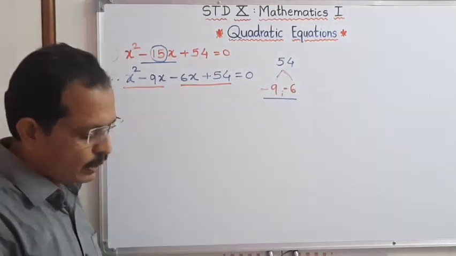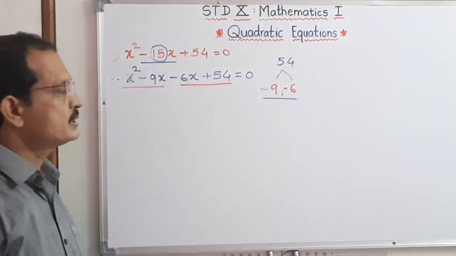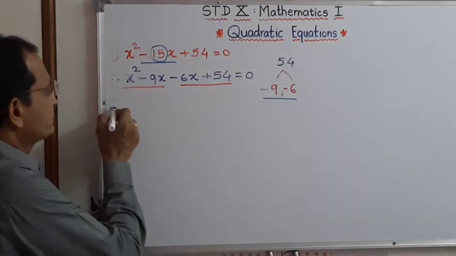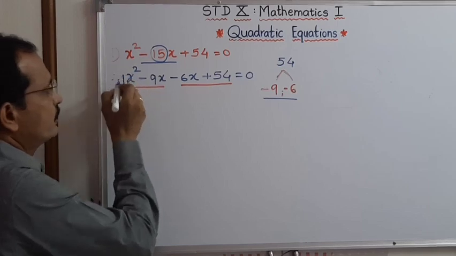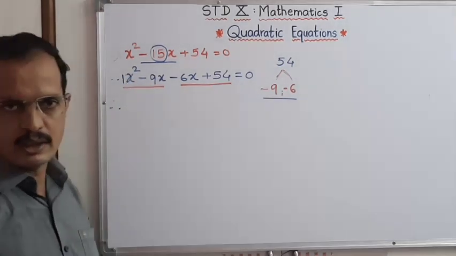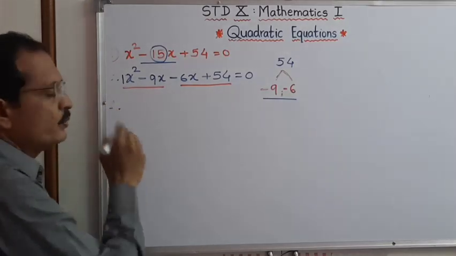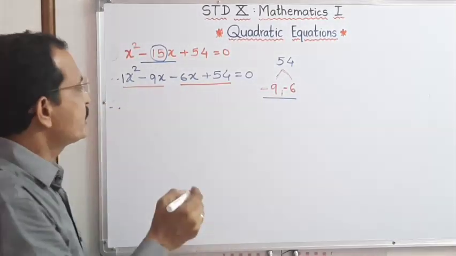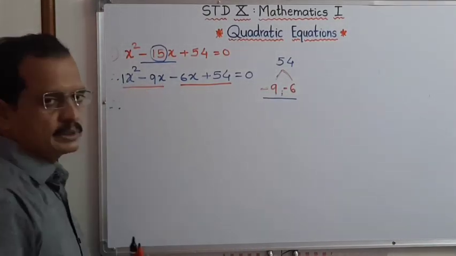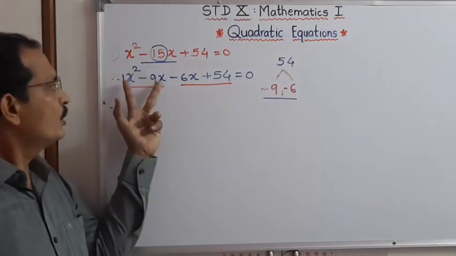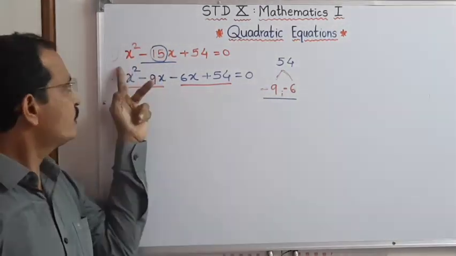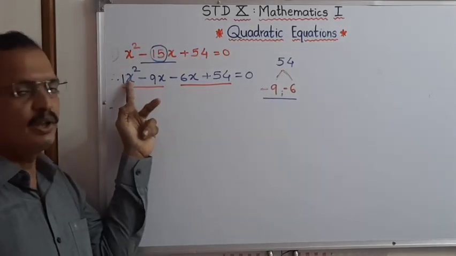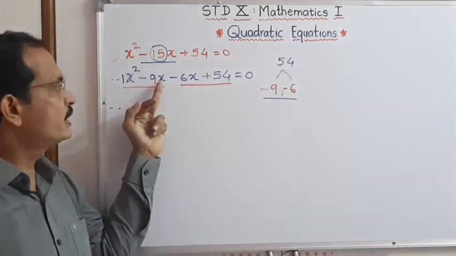From this, we have to take out the common factors. Now see, here the coefficient is 1 and here the coefficient is 9. Therefore, 1 is the common coefficient. Next, we have to see the variables. For finding the common variable, we have to see the index. In the first term, the index of the variable is 2 and here it is 1.